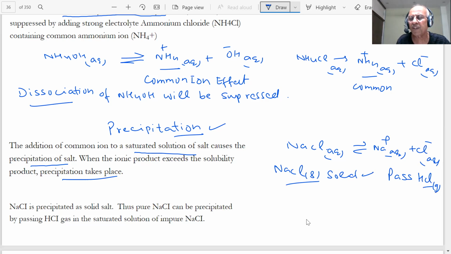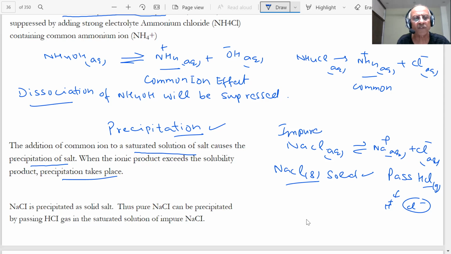What will be the result of this? It will produce H plus and Cl minus. This Cl minus, what happens? It is a saturated solution of impure sodium chloride. You have impure NaCl solution. So the result will be that the ionic product will exceed the solubility product, and the precipitation of the NaCl will take place.